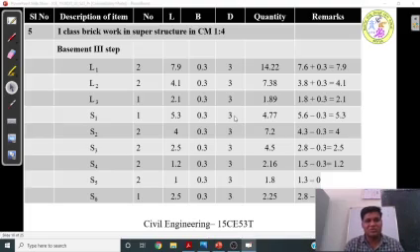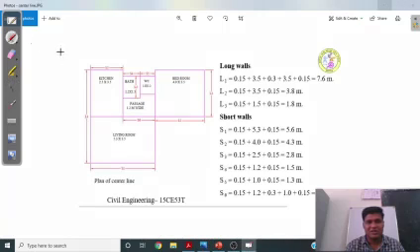Next we will move on to how to calculate the quantities of brick masonry. So here I am going to give first class brickwork in superstructure. Again, first you need to calculate the long wall length, that is L1. So in this picture, the length of L1 is 7.6 meter.